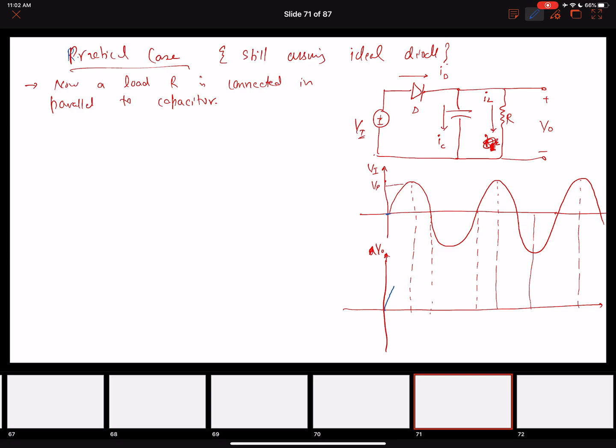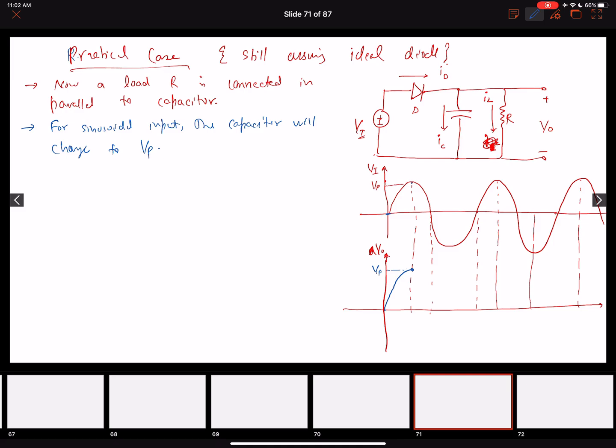So the capacitor will be charged all the way up to the peak at this value, right? So it is going to be charged at VP. For sinusoidal input, the capacitor will charge to VP, the peak value of that, right?